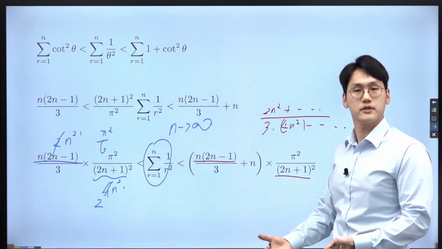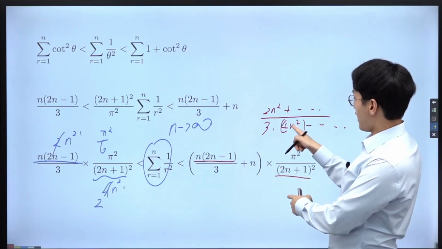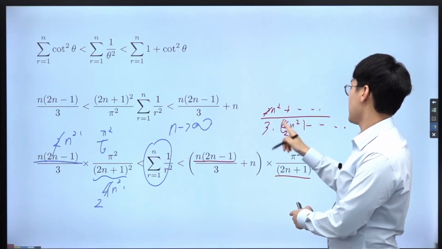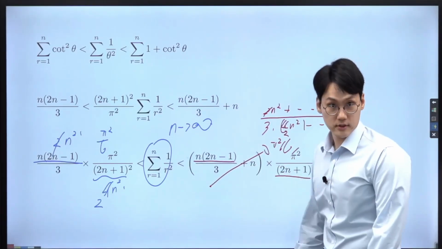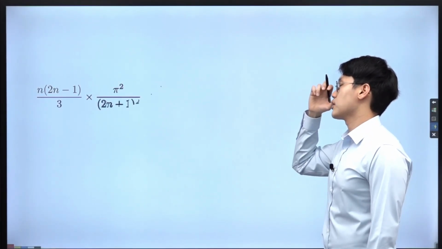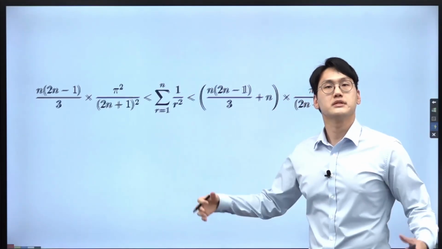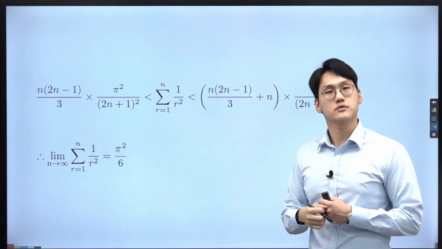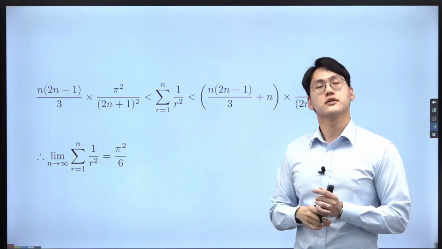And if you send n to infinity, the denominator being infinity will give you 0. So here now I have, what is it? 2 cancels out, so I will end up having here also pi squared over 6. So by the squeeze theorem, you can prove that the lower bound and upper bound give you pi squared over 6. Hence, whatever the sum that we have in between must be squeezed to the limit of pi squared over 6, which is the proof of the Basel problem using complex numbers.